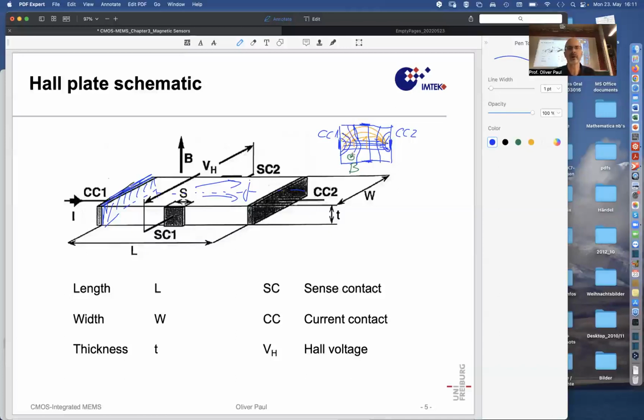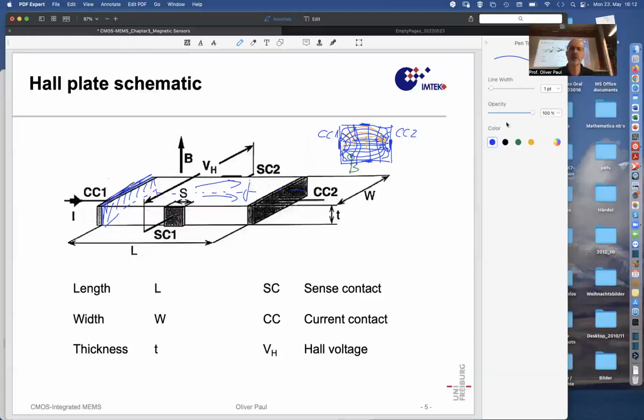And this is how the current will flow right from the beginning. It fills the whole volume. Of course, it's a little bit denser in the center, and so there is no space for the current to flow where it didn't flow before. The main effect that happens in all these technical Hall sensors is that after the magnetic field B is switched on, the current still flows like that; it is hardly changed in its flow pattern.